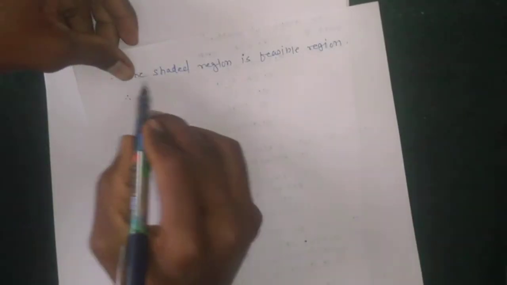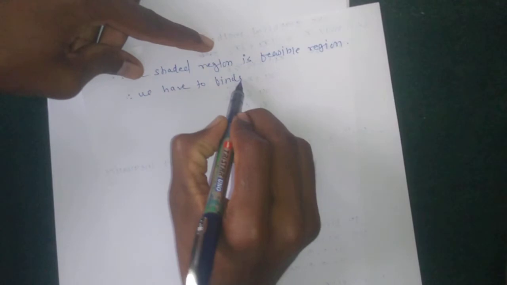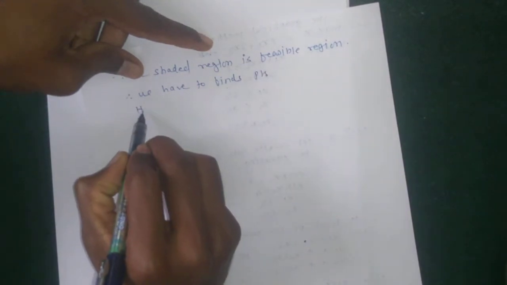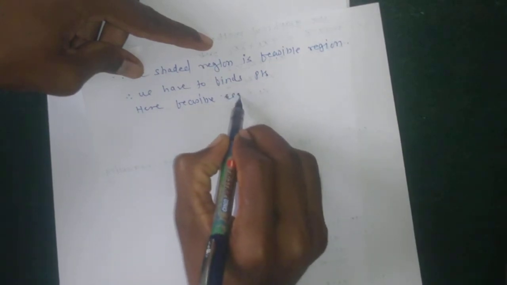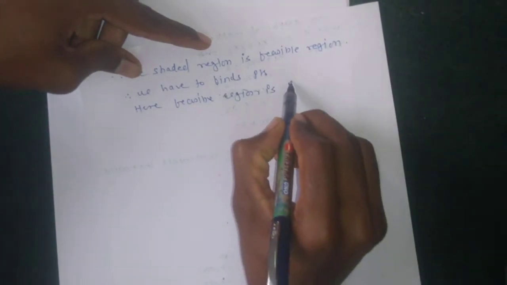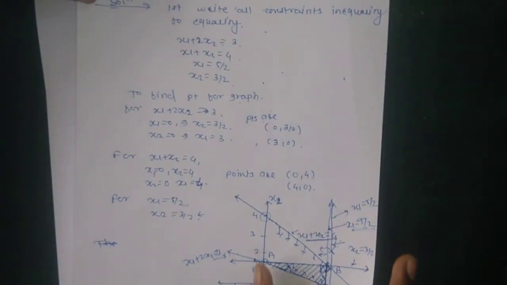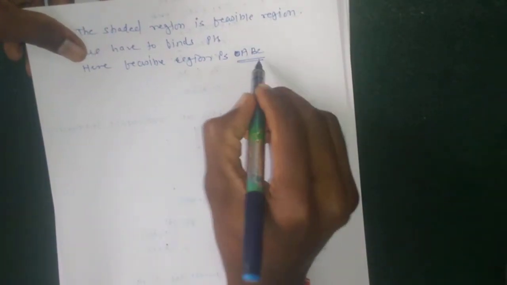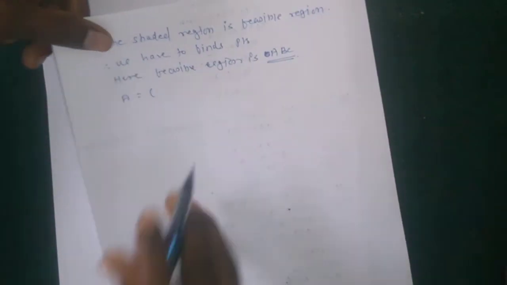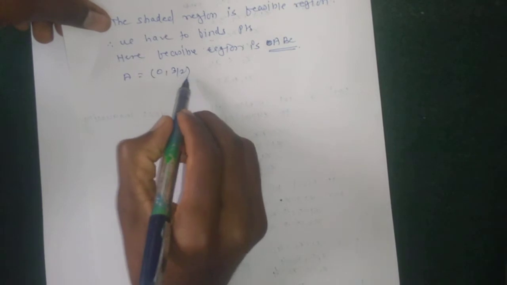The feasible region here is not OABC, sorry, only ABC. Point A has coordinates (0, 3/2).